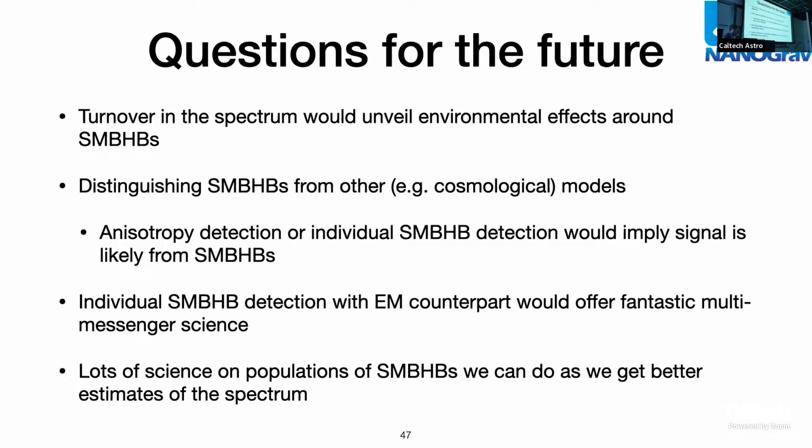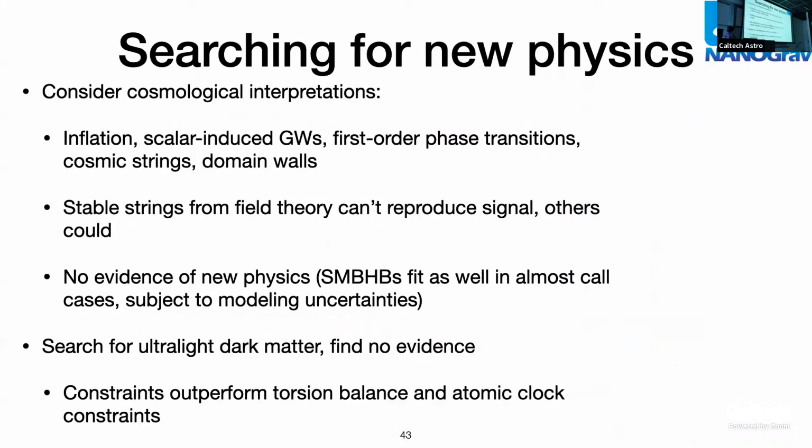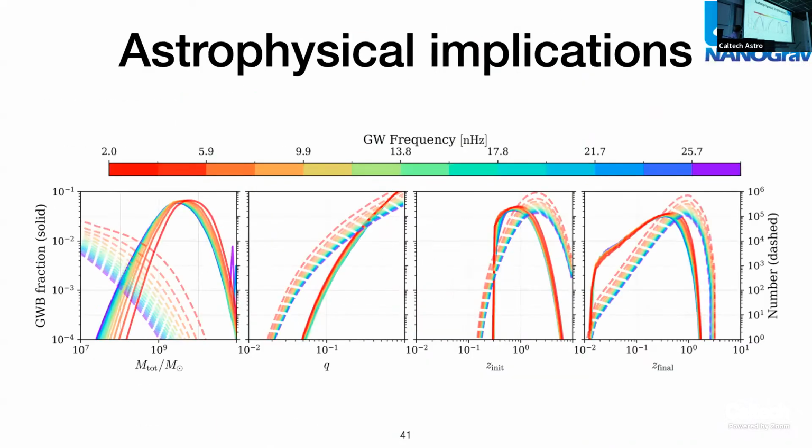Yeah, so that's going to depend upon the modeling that you're doing and the models that you're building. But I think in the paper on astrophysical interpretation, there are some estimates for the number of binaries that are contributing based on the models that are built there.